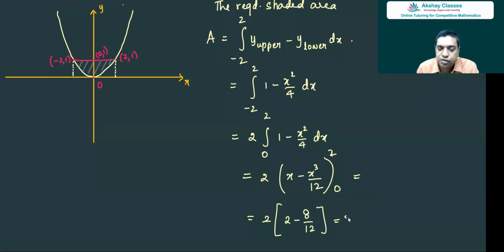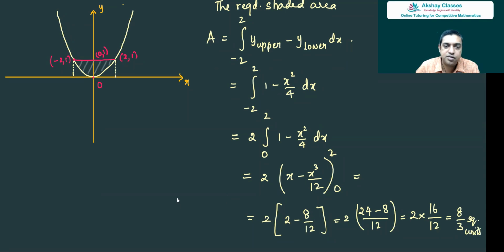Now this is 2 into 24 minus 8, that is 16 upon 12. So 2 into 16 upon 12, that is 4, 4 16, 4 3 is 12. So you get 8 upon 3 square units. So area is 8 upon 3 square units.